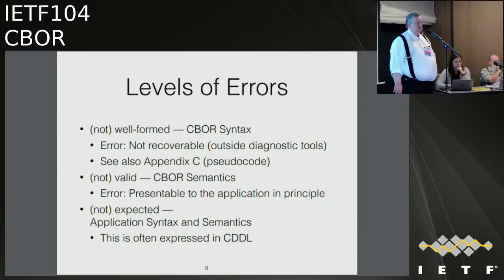Appendix C contains the 20 lines of code to do this well-formedness check. Second, we have validity, which is on the semantic level. Validity errors do not stop the possibility of presenting something to the application, but it might come to the application in a much less chewable form than valid stuff. If you have a tag 2 with a text string in it, that's not something the decoder can just process into a bignum.